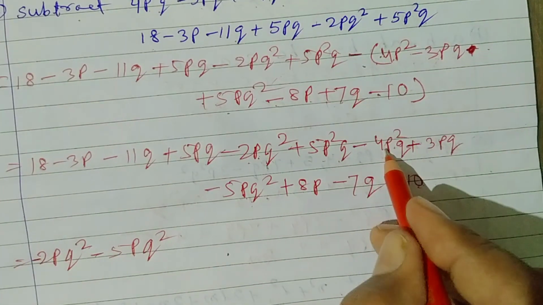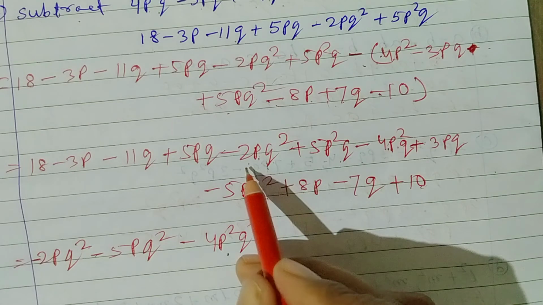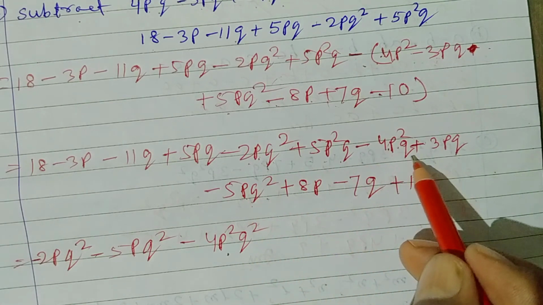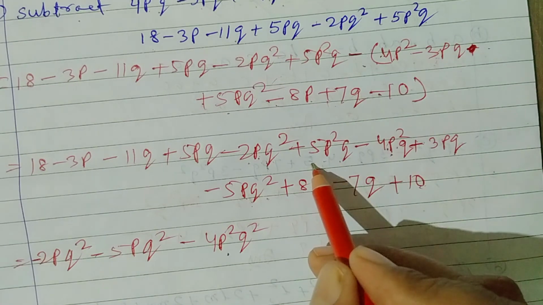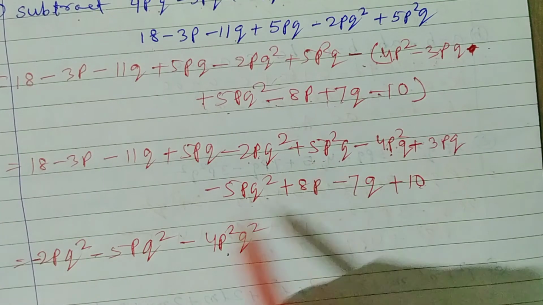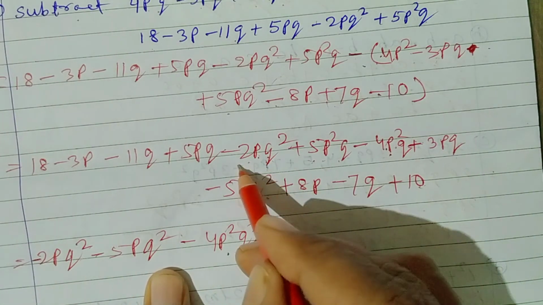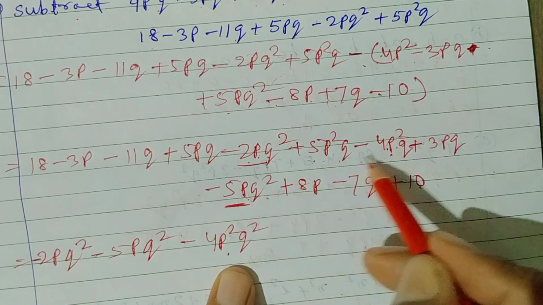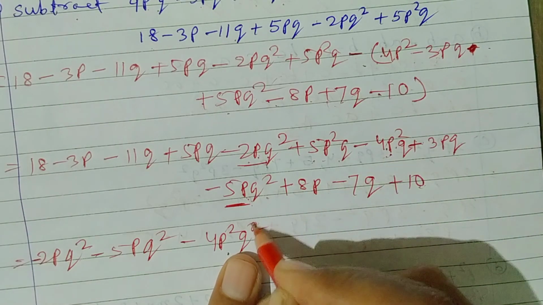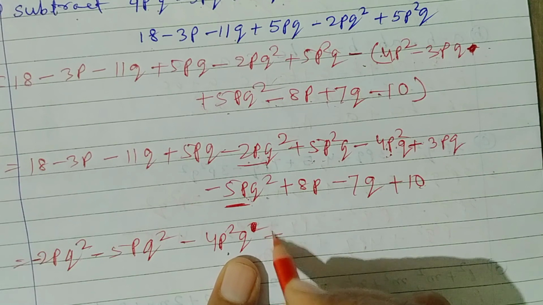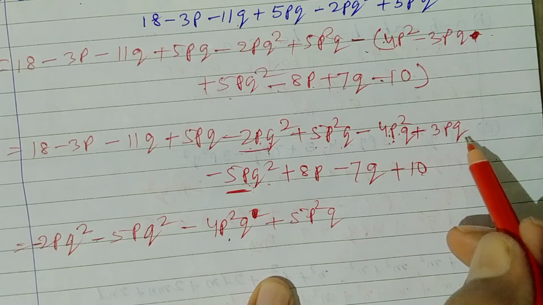After that this part, 4p square q, minus 4p square q, and then plus 5p square q. We have to see carefully.